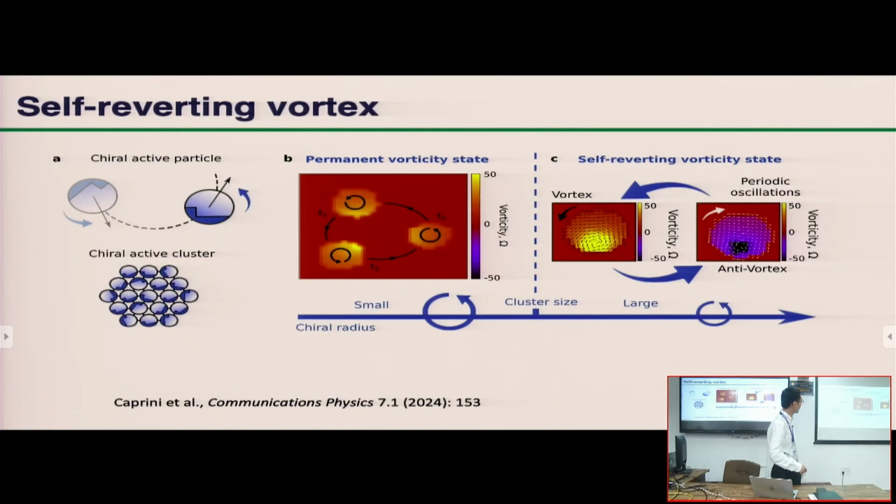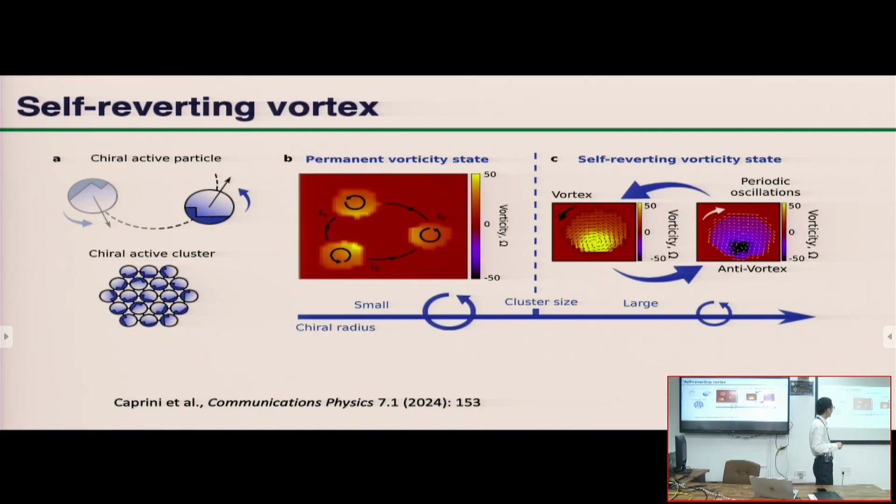Here's another simulation where once you form a cluster, each individual particle is a chiral active particle. Each of these guys is active, but they're also spinning. You can imagine this spinning motion sometimes reflects at a larger scale. So you get different kinds of states. One is where the cluster is in a spinning state as a whole, spinning in a particular direction.